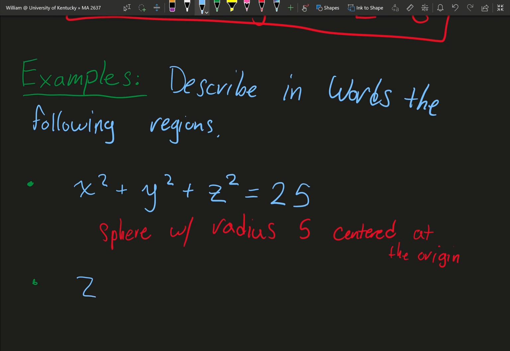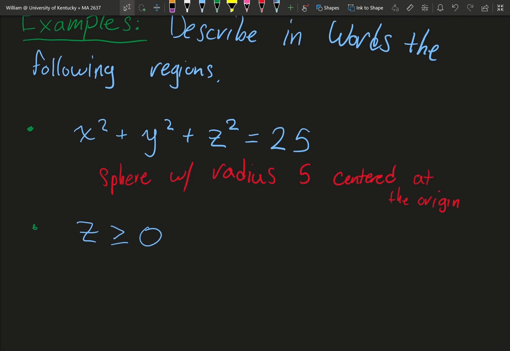So sort of continuing, let's look not at an equation, but a simple inequality. So think about what are all the points where z is greater than 0.